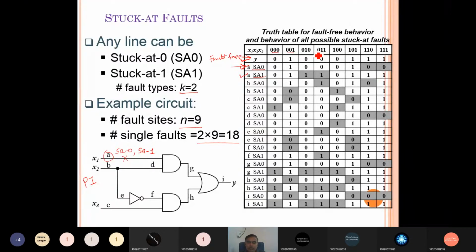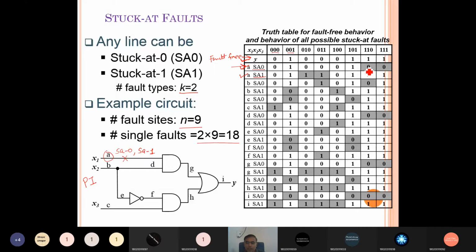Here we have to mark the outputs which are different from the fault-free output. In the stuck-at 0 row, the first output is the same as the fault-free output. For the second combination also, the output with the stuck-at 0 fault and the fault-free output are the same. In the last two combinations, the outputs with the stuck-at 0 fault present and the fault-free output are different, and that is marked.